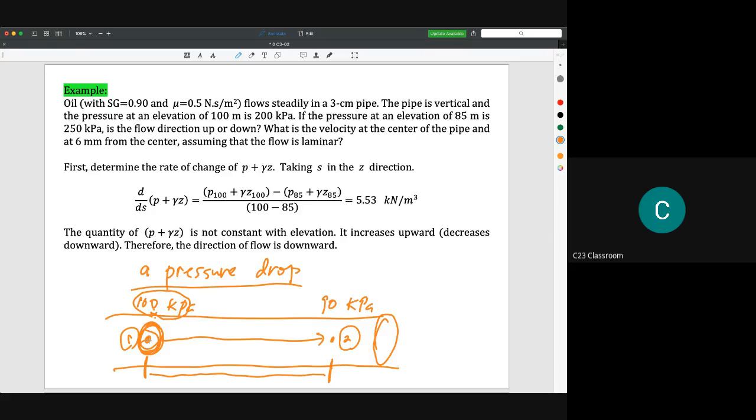That's why in this question, if we have a vertical pipe like this, when you deduct point number 1 and point number 2 and it gives you a positive answer, it means that the value at point number 1 is greater than at point number 2, so the flow is downwards.